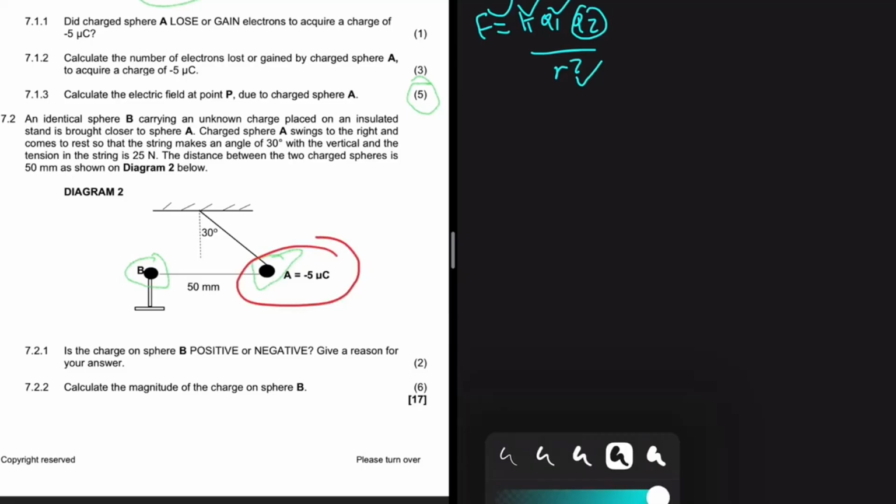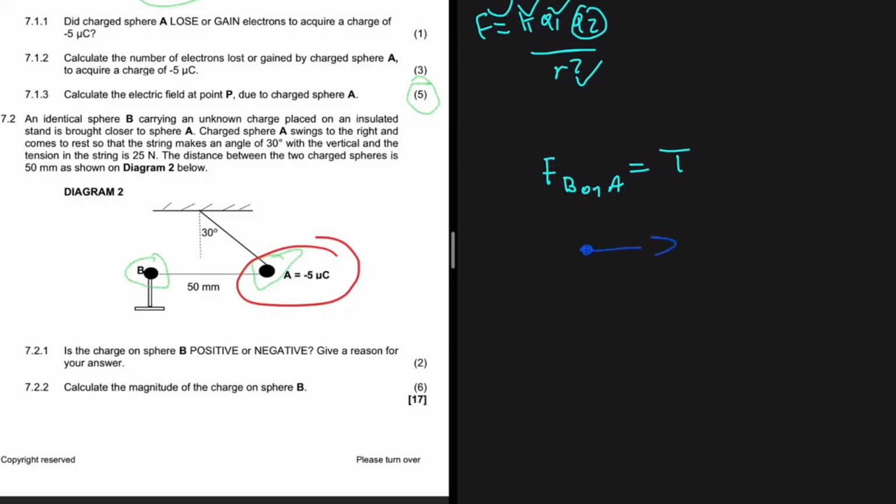You have two spheres, A and B. We have exhausted all our options with regards to sphere B, so we are definitely going to use sphere A. Sphere A is at rest, so FB on A should be equal to the tension force, because the electrostatic force of B on A is moving A to the right, and the tension is holding A from moving to the right, and A is at rest.